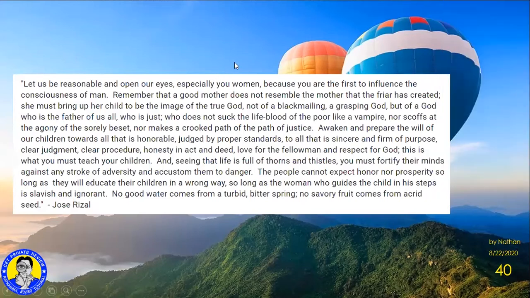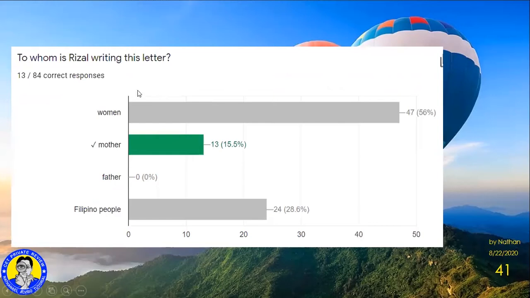So we have here a passage by Jose Rizal. It reads here, let us be reasonable and open our eyes, especially you women, because you are the first to influence the consciousness. Again, I've told you, before you read this long passage, you skim it and first look for the questions.